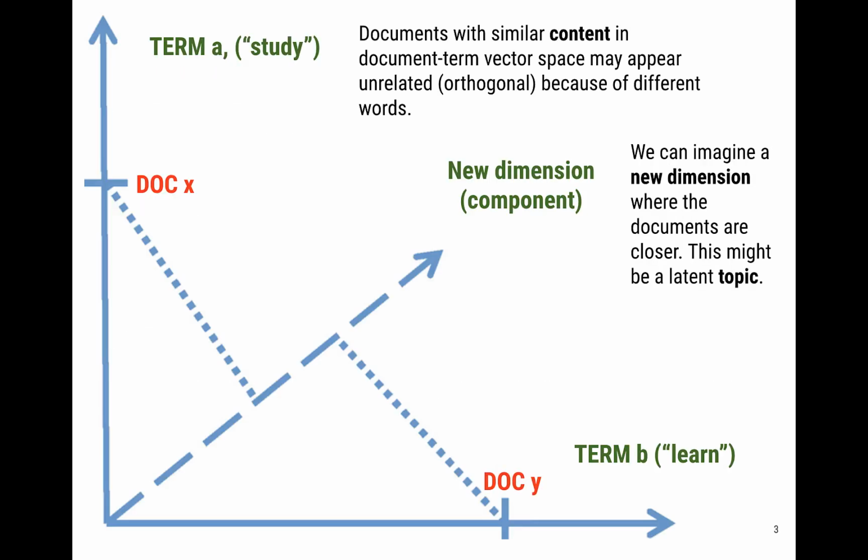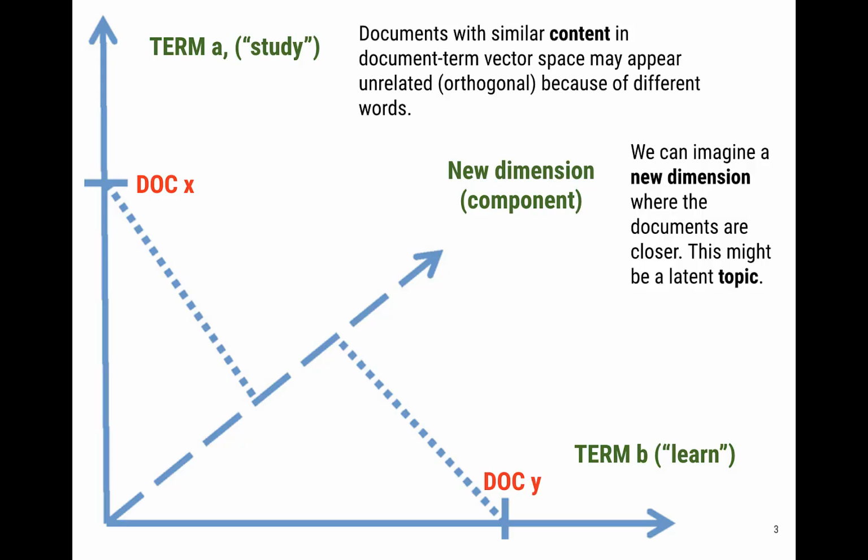So here's an example going back to our two-dimensional representation of an n-dimensional space. Here we have on one axis term A, which is a dimension. On the other axis we have term B, and consider the two words study and learn. Well, imagine that document X only contains the word study but does not contain the word learn, and document Y contains the word learn but does not contain the word study, and also consider that these two documents may have a lot of other words that are identical.